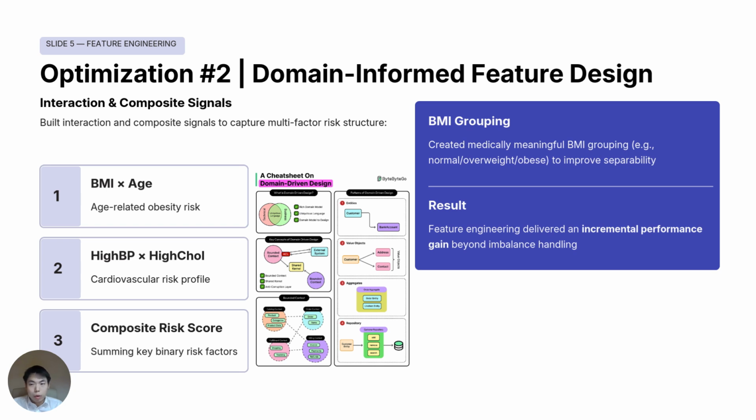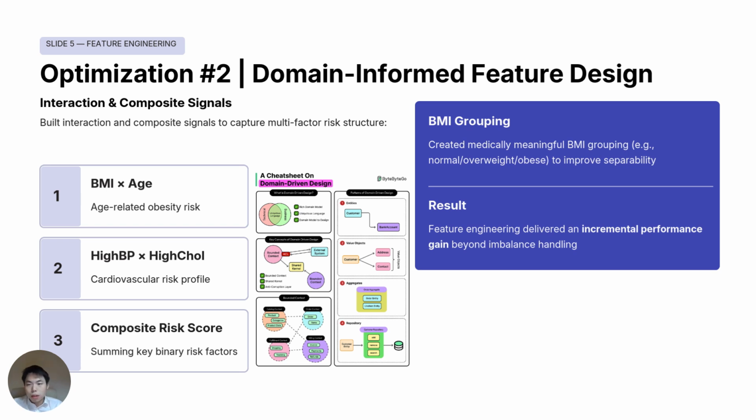I also created composite risk scores by summing several key binary risk factors like high blood pressure, high cholesterol, stroke, heart disease, and difficulty walking.